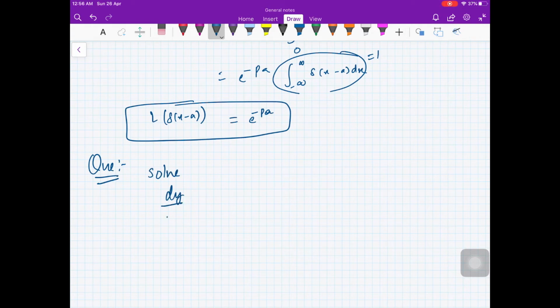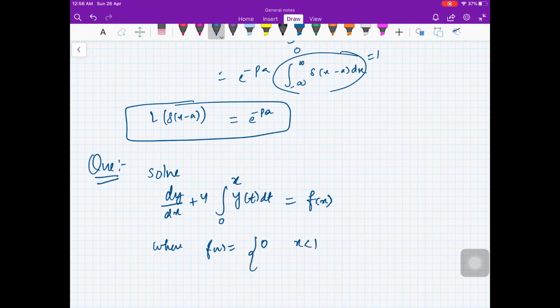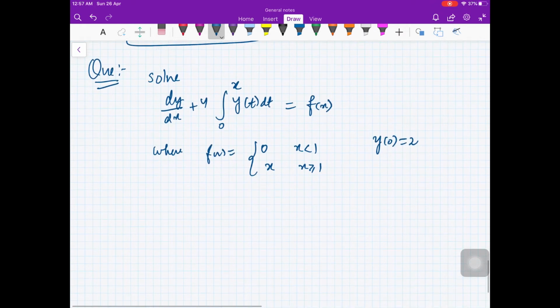So you have this question: solve dy by dx plus 4 times the integral from 0 to x of y(t) dt equal to f of x, where f of x is defined as 0 for x less than 1 and x for x greater than 1, and y of 0 is given to be 2. So let us see how we can solve it.